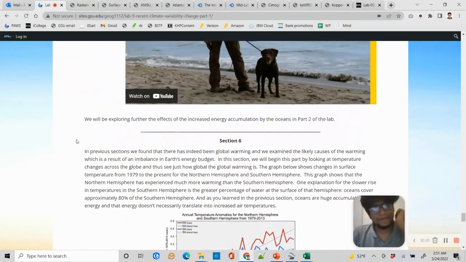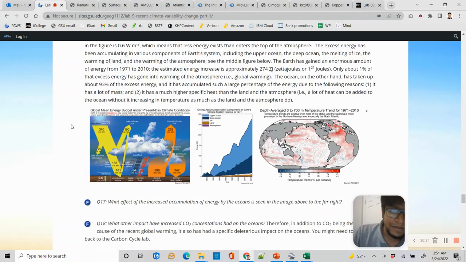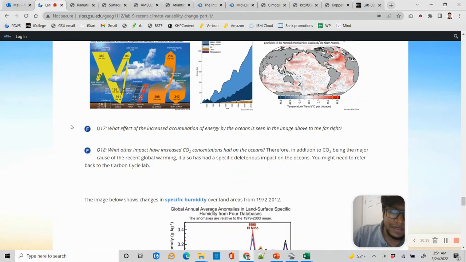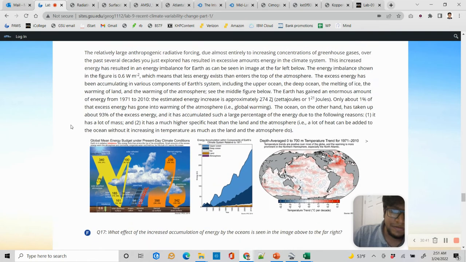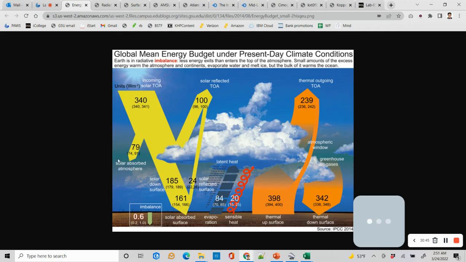Okay. Then questions 17, 18 are about these three figures. The first diagram is showing you the Earth's energy imbalance. Earth's energy imbalance is 0.6. What does that mean?